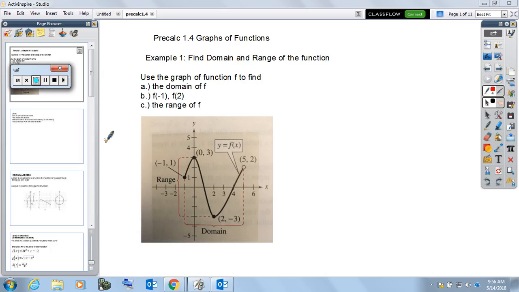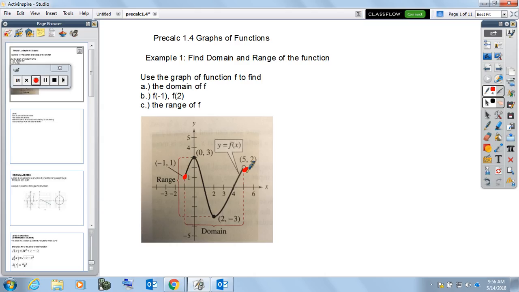So what does the domain mean? Well, the lowest x value to the highest x value. That's what we're trying to identify. Okay, so let's look at this particular graph. We say it goes as far left as -1 and as far right as +5. I wanted to put it off to the side a little bit because we have an open circle there.